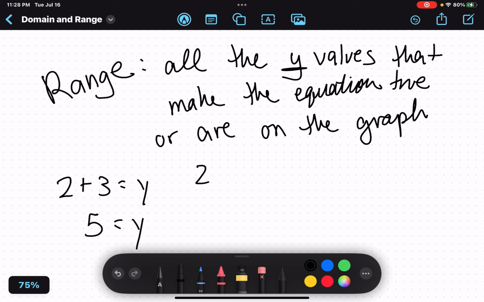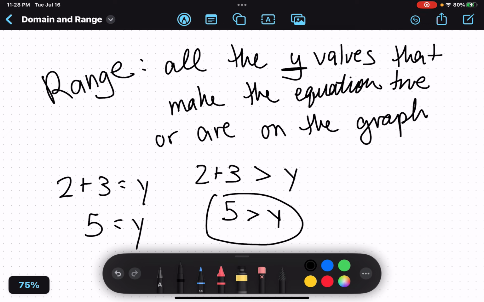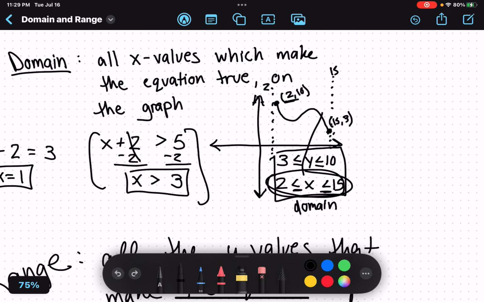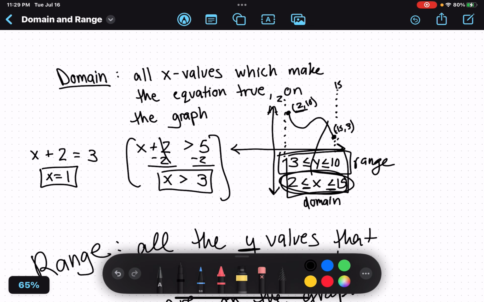And if we wanted 2 plus 3 is greater than y, y has to be less than 5. That would be our range here. And on a graph, let me use the graph example that we did earlier. This would be our range for this graph because it's the extent of y: the farthest it goes up, its maximum and minimum in the y values.